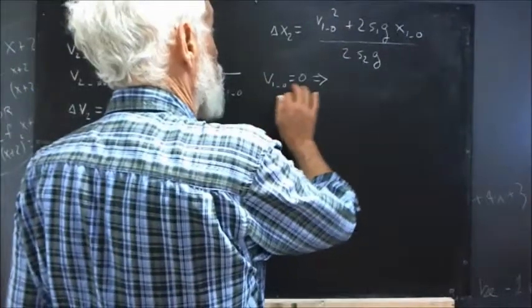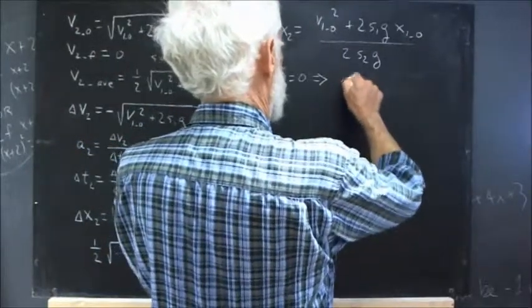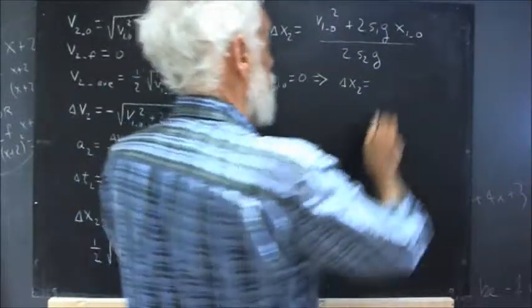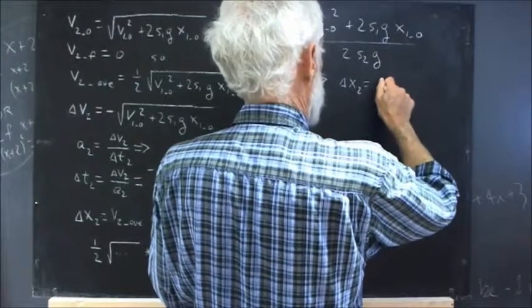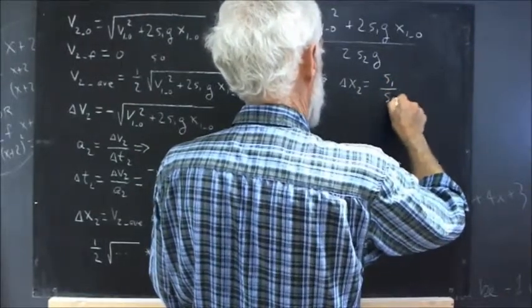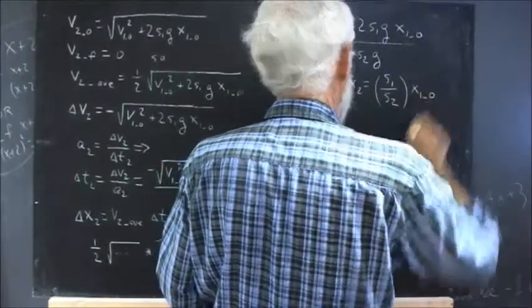So v1 naught is 0. That implies delta x2, this term's no longer there. We divide this term by this term, the 2g goes out, and we can write the result as s1 over s2 multiplied by x1 naught.